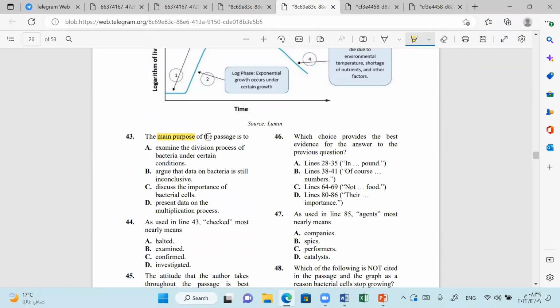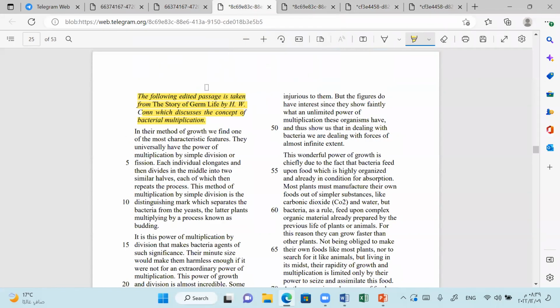The process of elimination will be helping you a lot. So let's highlight or circle the main words. The Story of Germ Life, which discusses the concept of bacterial multiplication.